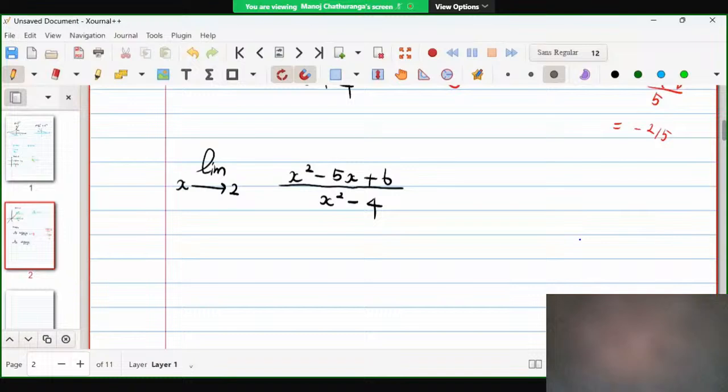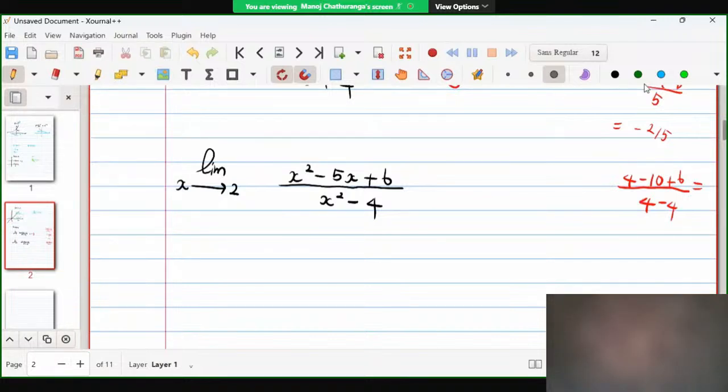When you set x equals 2, you get 4 minus 10 plus 6, which is 0, and in the denominator we get 4 minus 4, which is also 0.